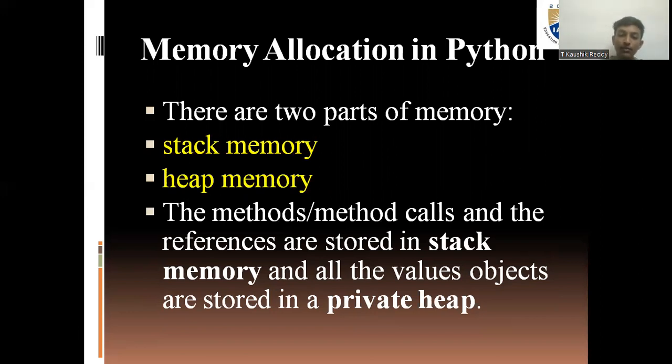The methods or method calls and references are stored in stack memory, and all the values and objects are stored in heap memory. These are the differences between stack and heap memory: stack memory stores methods, method calls and references, and heap memory stores the object values.